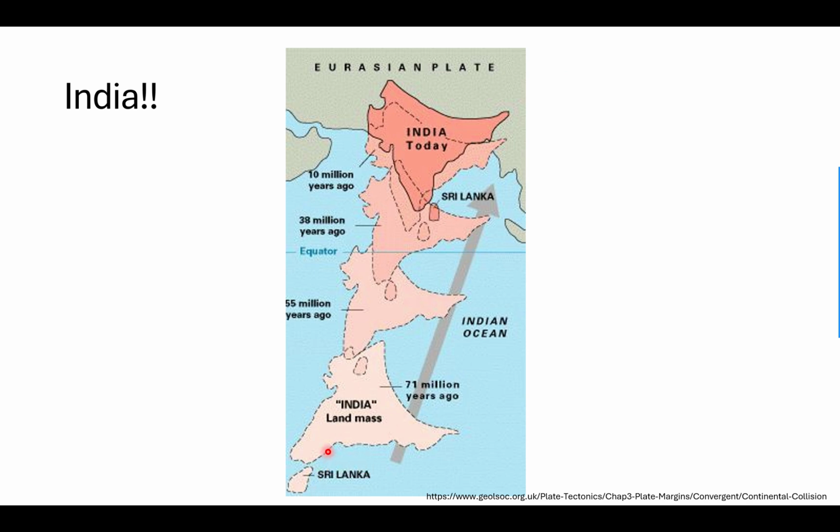When it was traveling from the southern to the northern latitudes, it passed through the equator, and that led to an equatorial climate in India's climatic past. Even now we have equatorial climate in the southern parts of India and the northeastern parts of India.